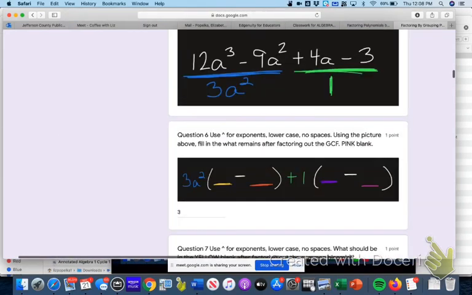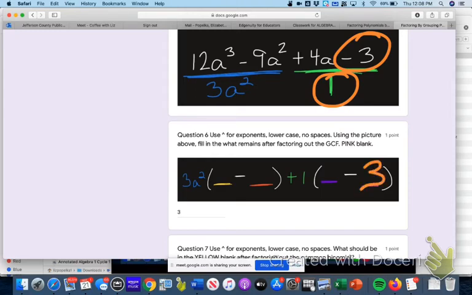Well, if we had a 3 and we divided it by 1, it's still going to be a 3, exactly. So what goes in the pink blank? A 3, which is why I typed a 3 in there. So it's just asking you step by step to break it down, if that makes sense.